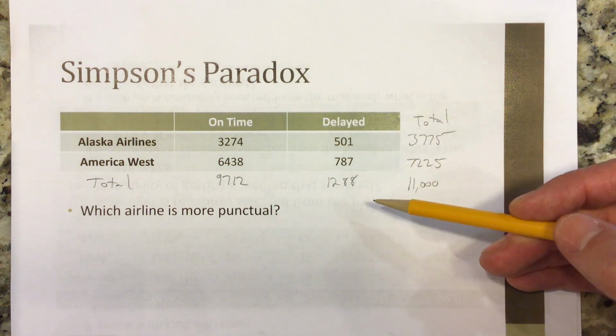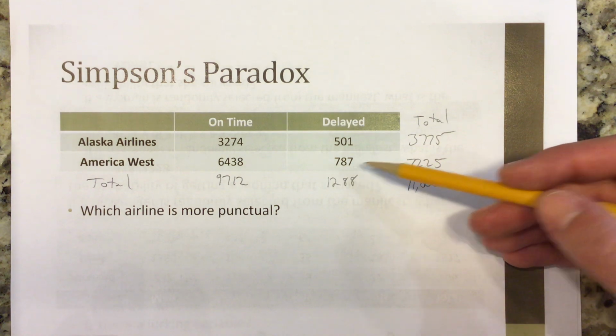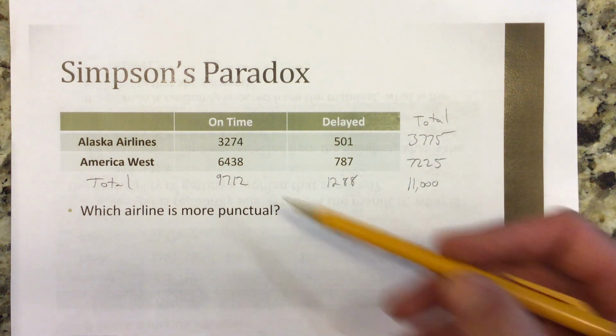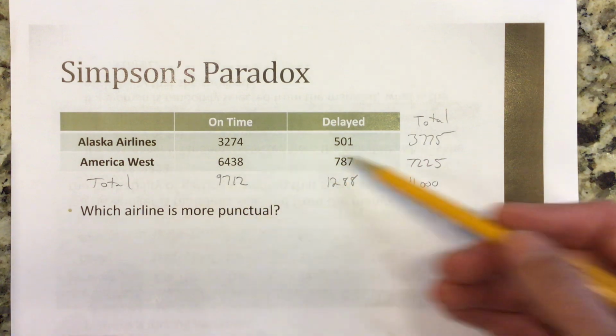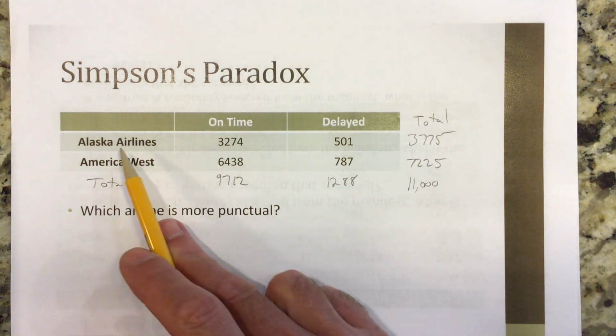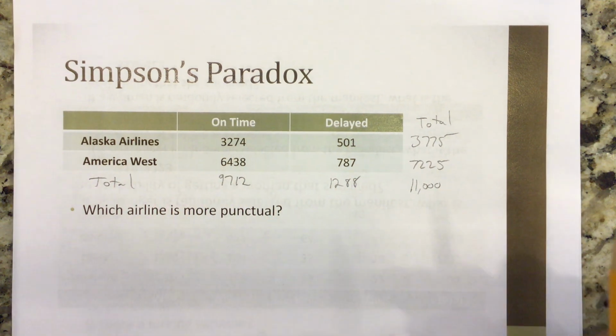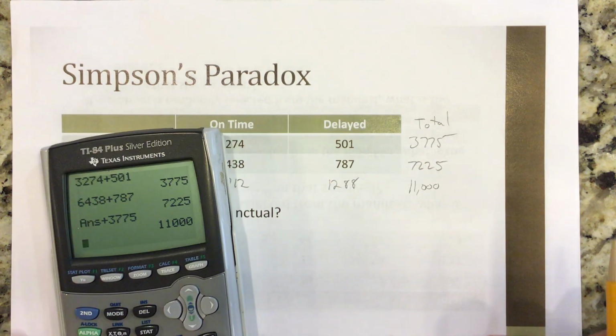Just like I said with the delayed flights, America West has many more because, again, they had many more total flights. So in this case, I need to be dividing by row. So I want to know, of the Alaska flights, what's their percentage of being on time? So let's do that real quick.